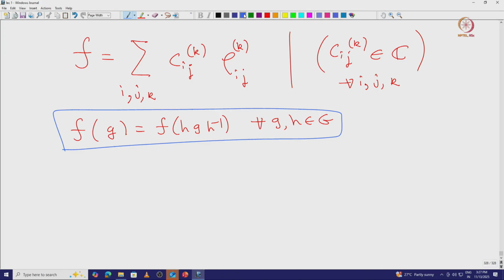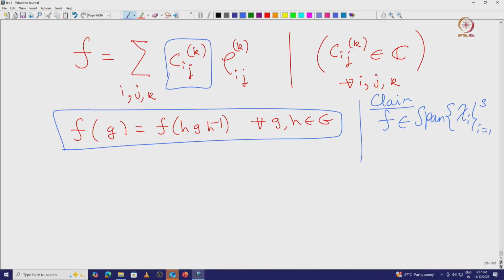We want to prove that f belongs to the span of the chi i's. That means we want to prove that f of x for any given x in G can be written as a linear combination of chi i of x for fixed coefficients. Those coefficients are going to come from these coefficients. So, let us compute it very explicitly.